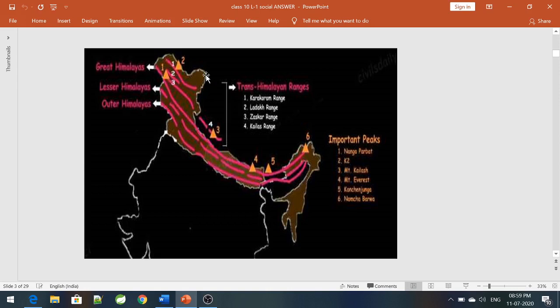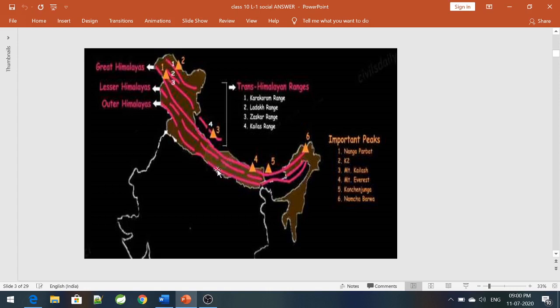They stop the ice freezing cold winds coming from the northern hemisphere. These are the barriers for our India, and they are divided into greater Himalayas, lesser Himalayas, and outer Himalayas.